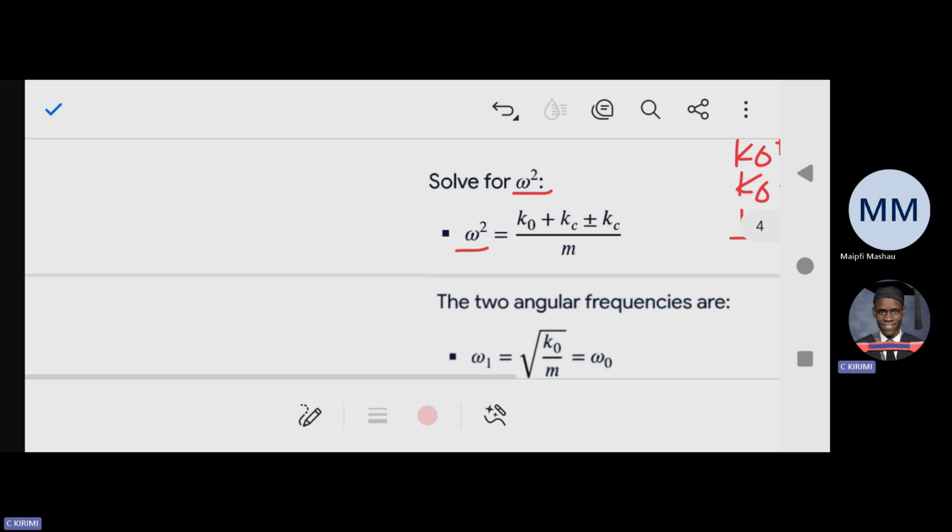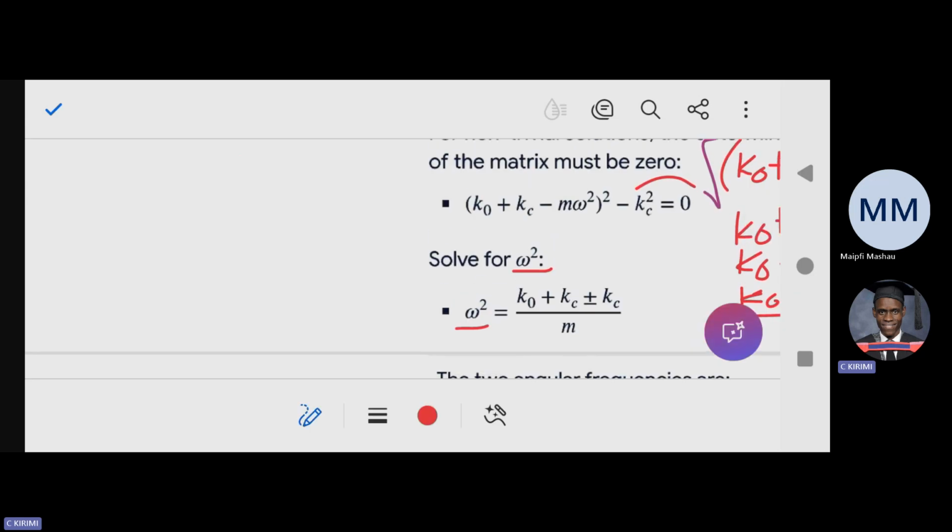So how are we going to solve for that omega? We come here to solve for that omega by saying omega is equal to the square root of everything that is under the bracket.